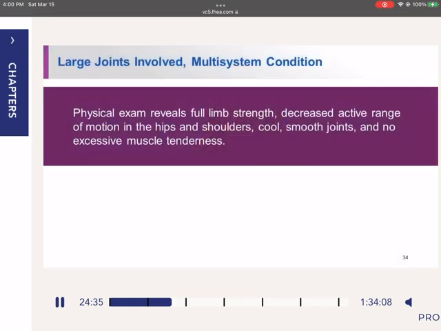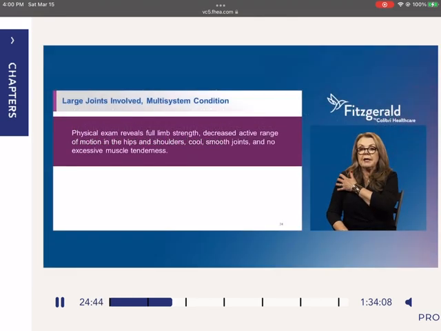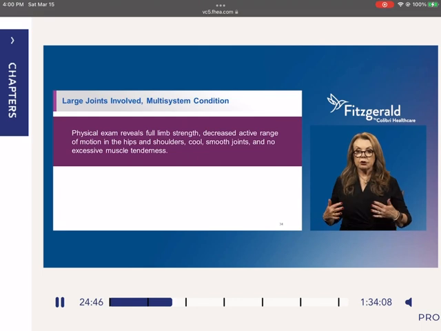Physical exam reveals full limb strength, decreased active range of motion in the hips and shoulders, cool, smooth joints. So you palpate over the shoulder joints, no redness, no heat, same over the hips, and no excessive muscle tenderness.